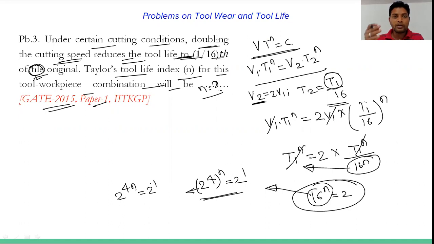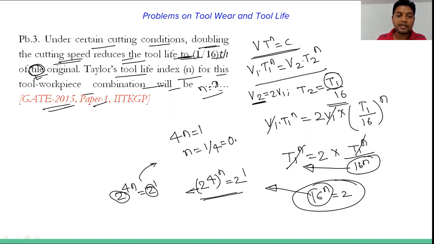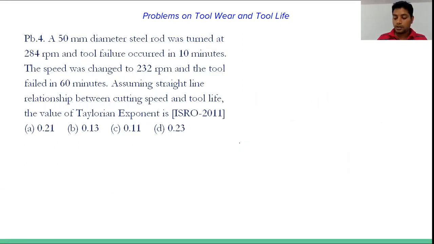From the mathematics theory, if the base is the same, the powers will also be the same. So 4n equals 1, and n equals 1 by 4, or 0.25. So this will be the answer, 0.25. Let's move to the next one.